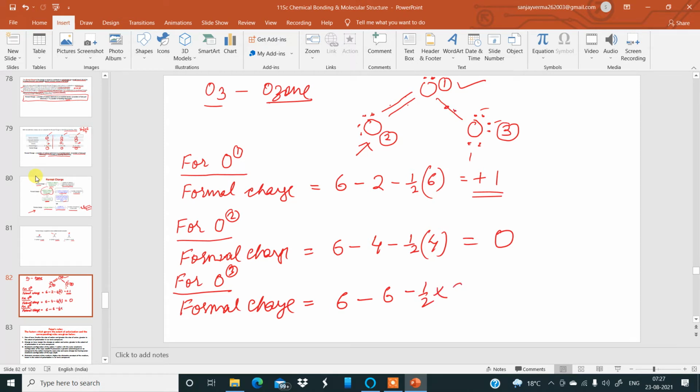So I can put over here 2. That will give me again the formal charge for the third oxygen as, just check over there, 6 minus 6 plus half into 2, that is coming 2. So it is coming to minus 1. So these are the formal charges on oxygen 1, oxygen 2 and oxygen 3. That is very important to understand over here.